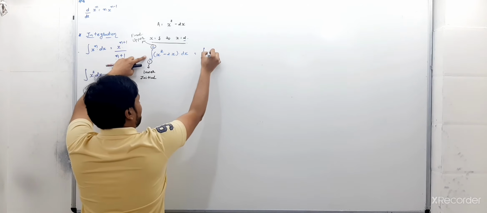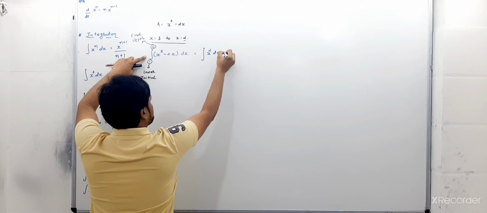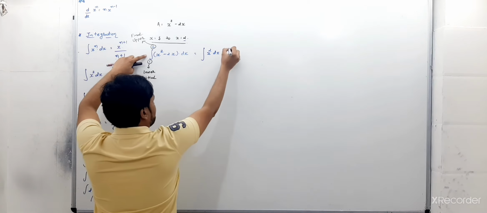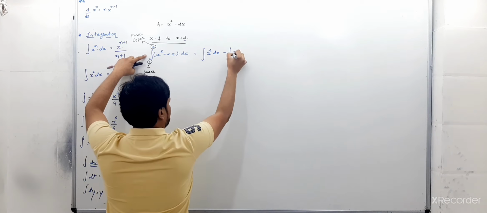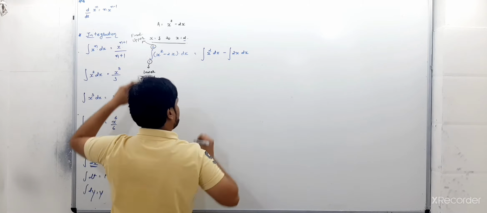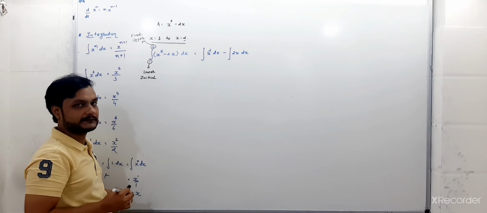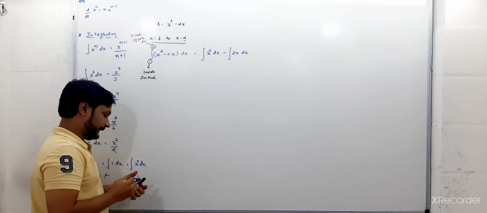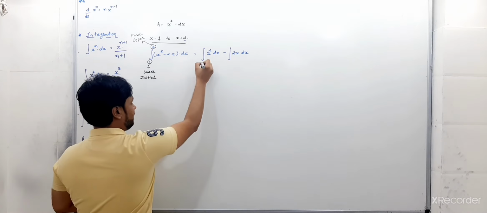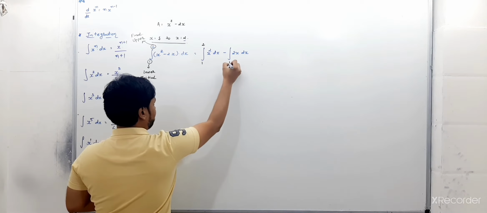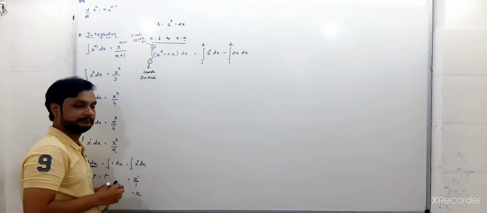So x square into dx minus, again integration, 2x into dx, like this. Now place the limits, again 1 to 2.